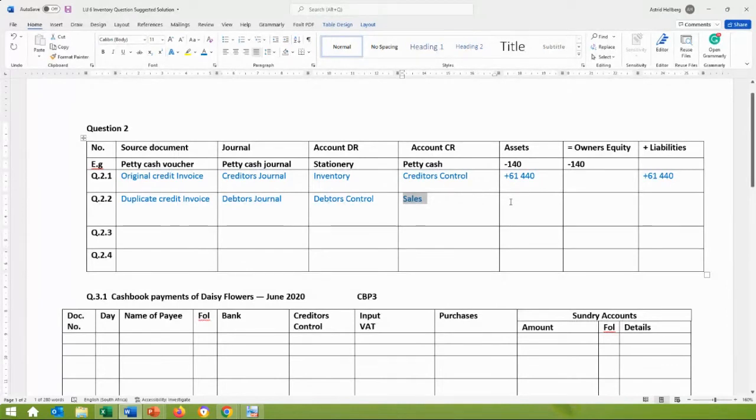This is where a lot of students normally make a mistake when they get confused between perpetual and periodic. And then we debit the assets, so the assets will increase with 40,740, and sales will increase owner's equity because it increases our profit, so it affects our owner's equity in a positive manner.